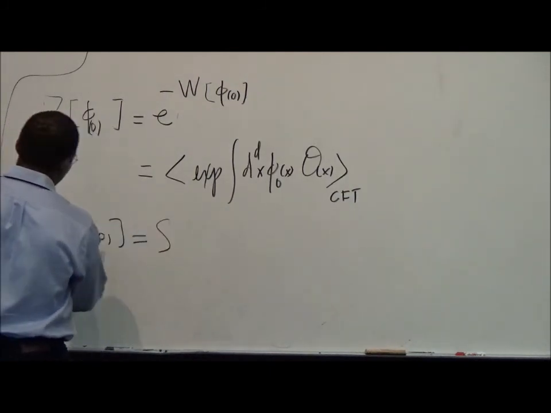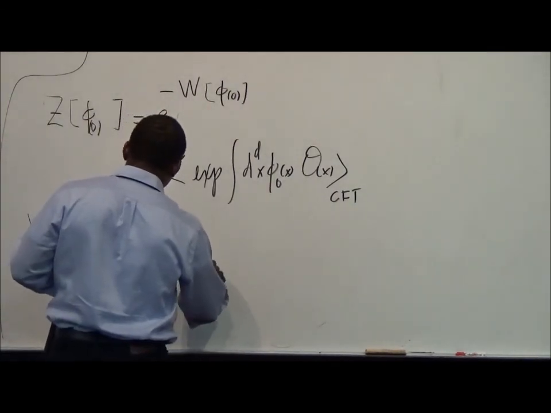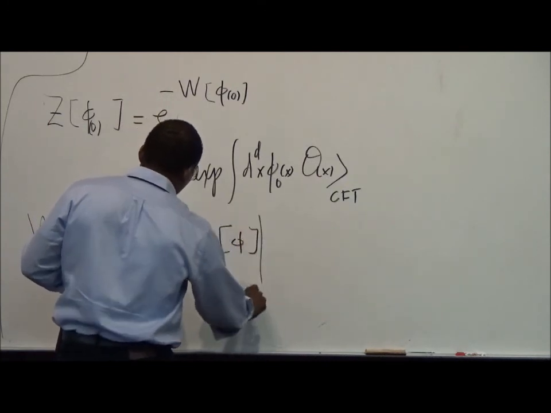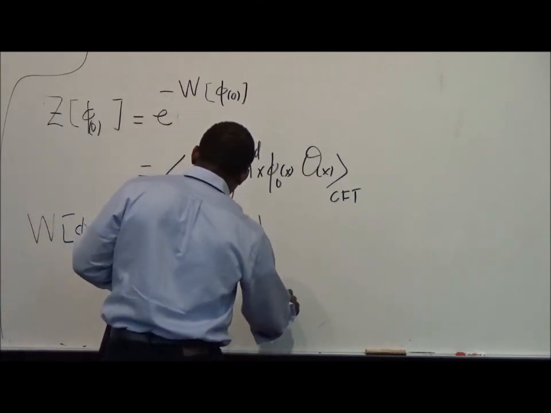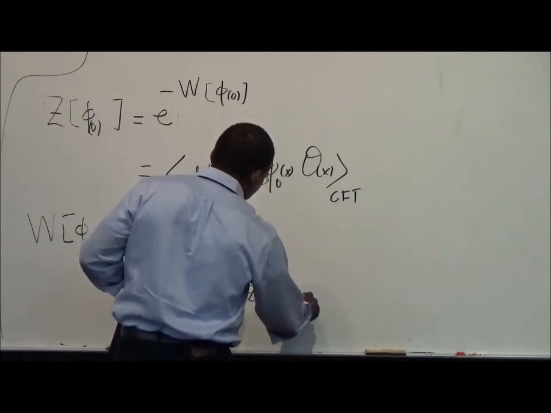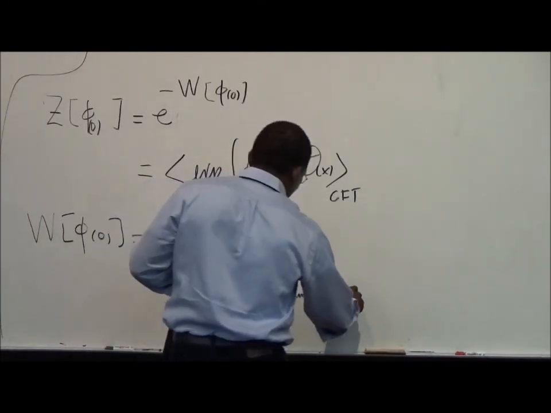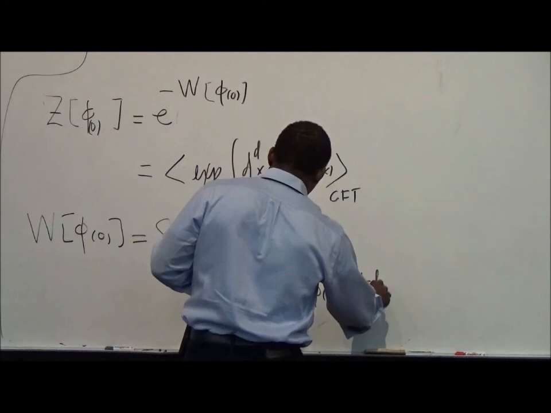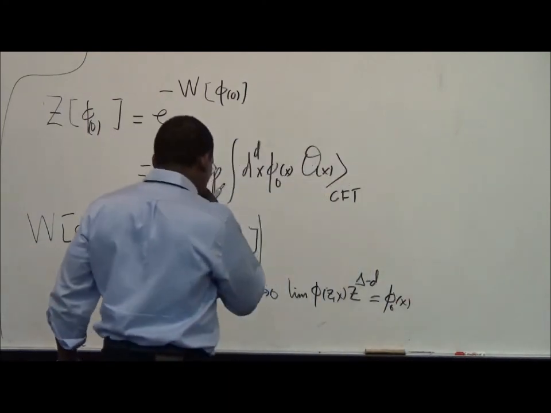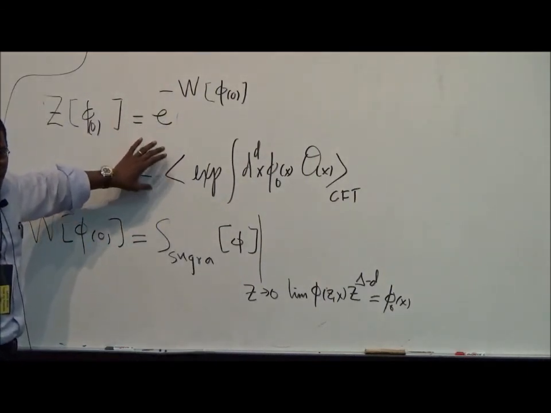I want to say that this object I can compute using supergravity, subject to the boundary condition that the limit as z goes to 0 of phi(z,x) times z to the power d minus delta is phi 0. So that's my prescription for computing this object, the generating function in the field theory.